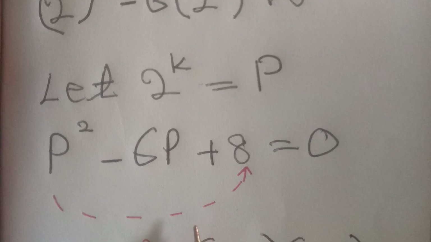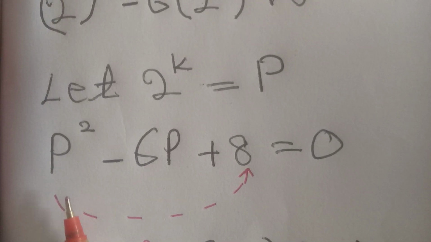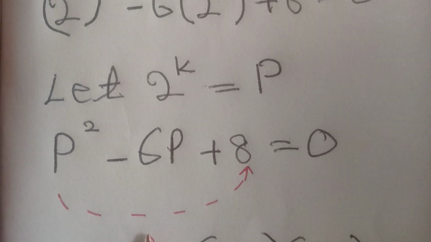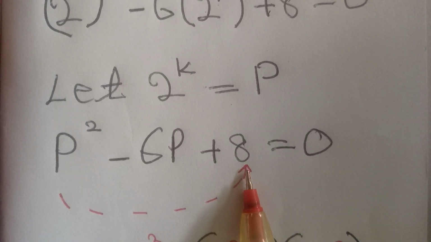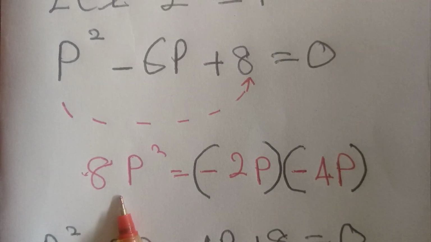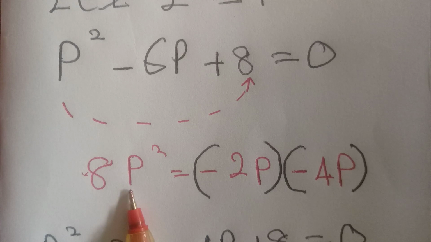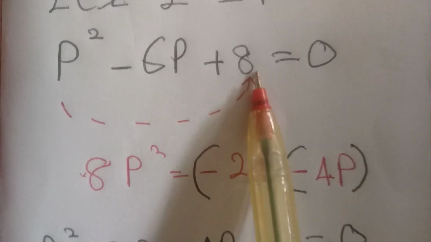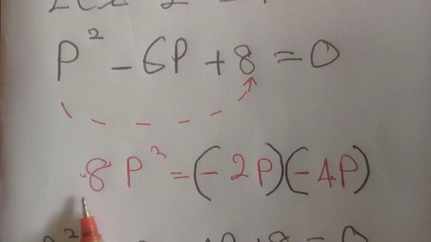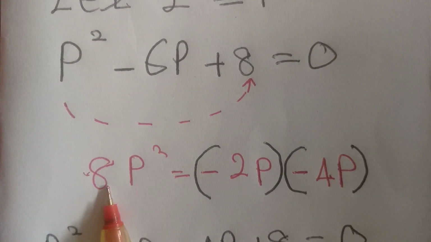Now, what is the approach in using factorization method? Just use the square variable to multiply the constant. If you do this multiplication, you're going to have 8p squared. That means you're using the p squared times the constant, you will have 8p squared. Now, find the factors of 8p squared.